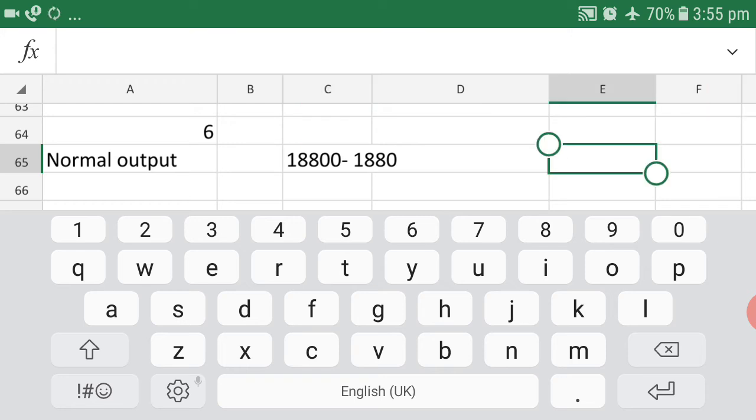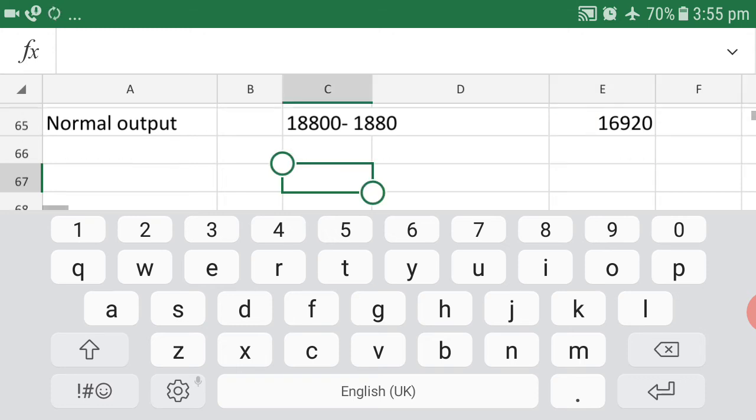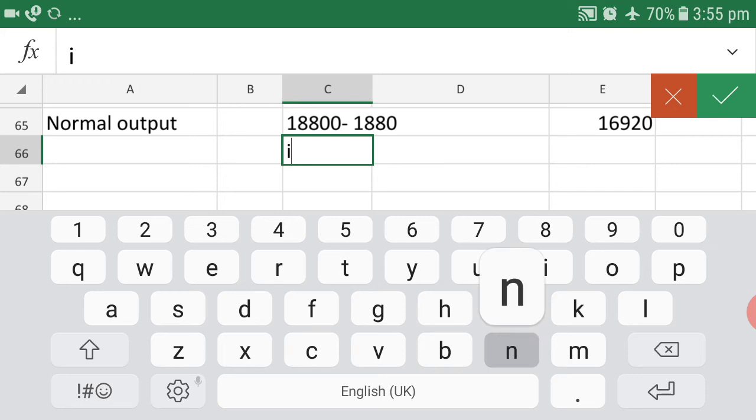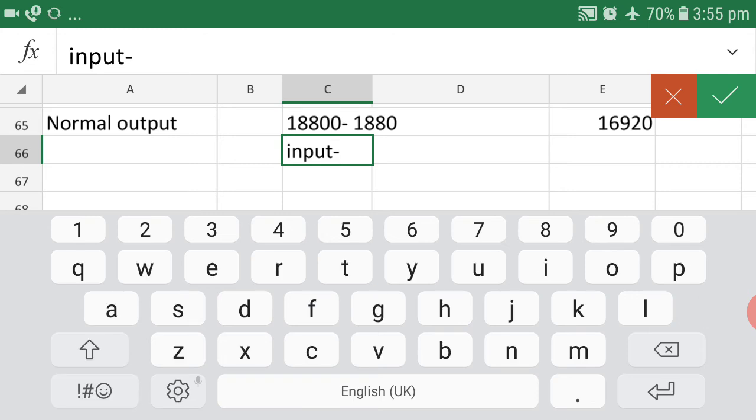We will get the normal output in quantity, 16,920. Input minus normal loss, that is normal output.